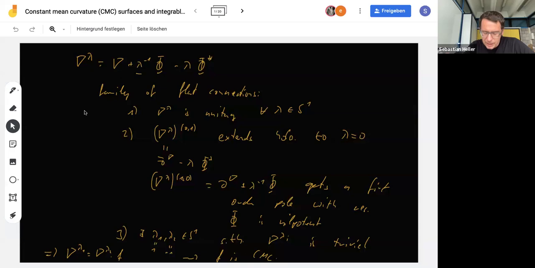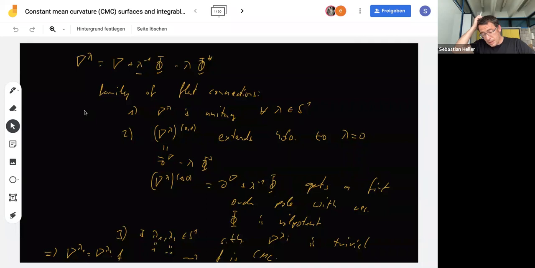So we have a bunch of properties, and we need to satisfy all these three properties in order to obtain a harmonic map or a minimal surface or a CMC surface, which is well defined.